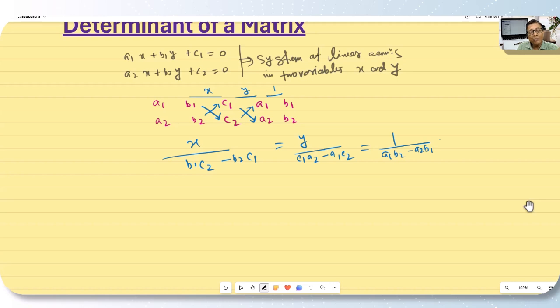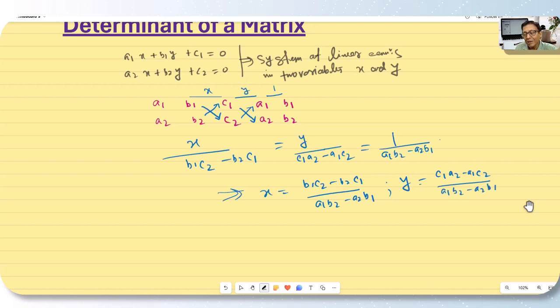And x and y we write in this manner: x equals b1 c2 minus b2 c1 over a1 b2 minus a2 b1, and y equals c1 a2 minus a1 c2 over a1 b2 minus a2 b1.